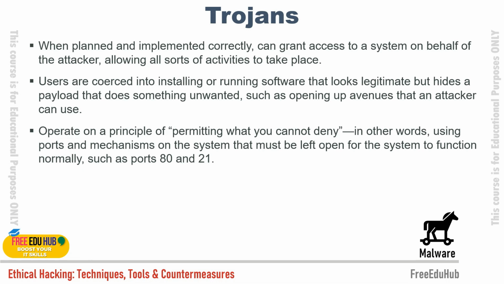Now, it can operate on a principle, for example, permitting what you cannot deny. In other words, using mechanisms such as ports on the system that must be left open to function normally. For example, port 80 and 21 are usually open, which allows us to perform certain operations on the computer. Now, the list of the pieces of software that can be Trojaned is endless.